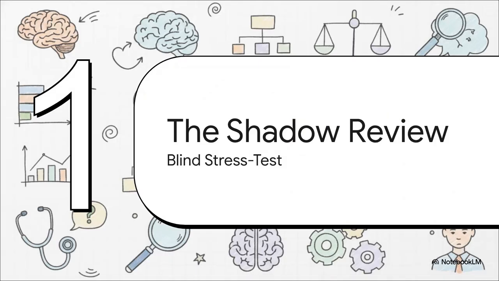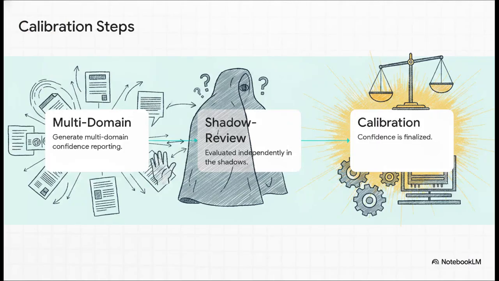Let's jump to Section 4, the shadow review process. Let's move along and see how this builds, because you might be wondering, how is this multi-domain reporting actually vetted in the real world? Well, it relies on specific modules from the Vi-Brown's prompt library, namely modules 21, 35, and the combination of 45 and 46. Step 1 is generating that multi-domain report we just talked about.